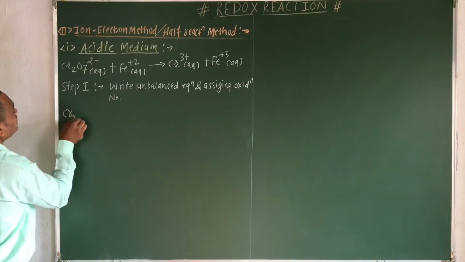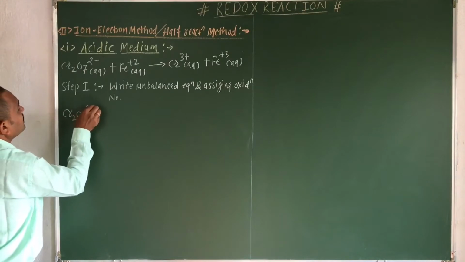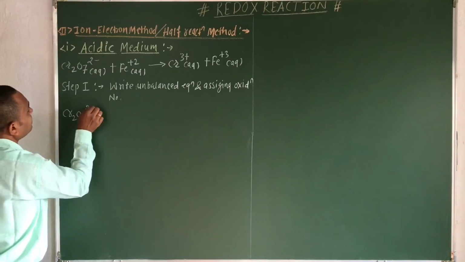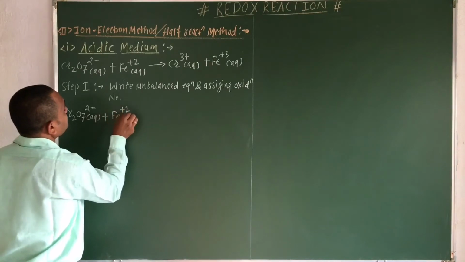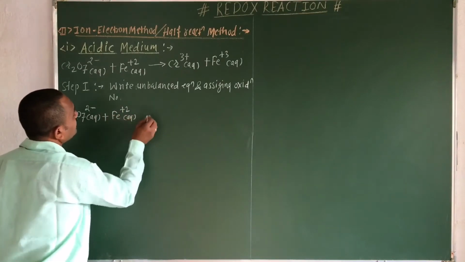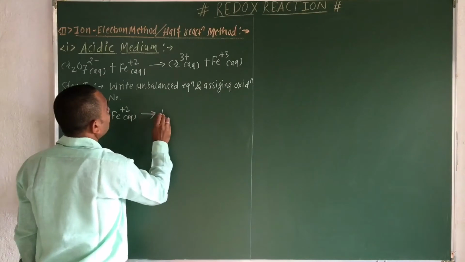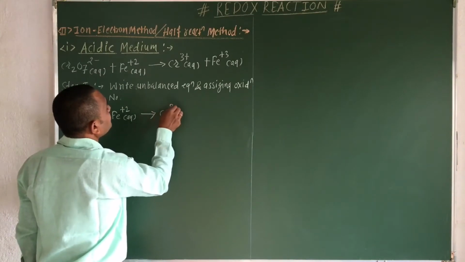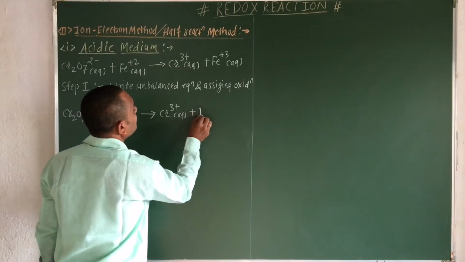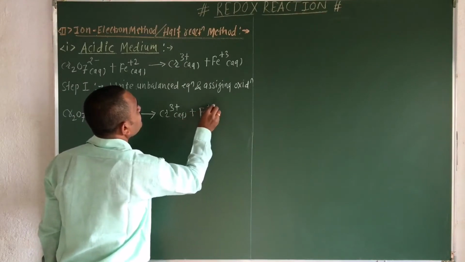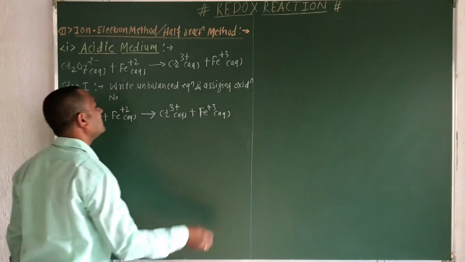So Cr2O7 2 minus aqueous plus Fe plus 2 aqueous gives Cr plus 3 aqueous plus Fe plus 3 aqueous. Okay, that's it.